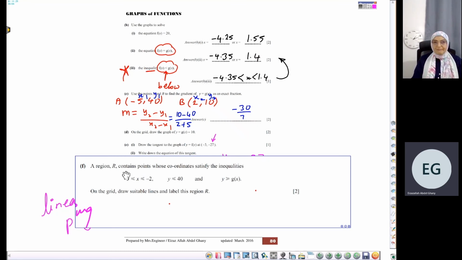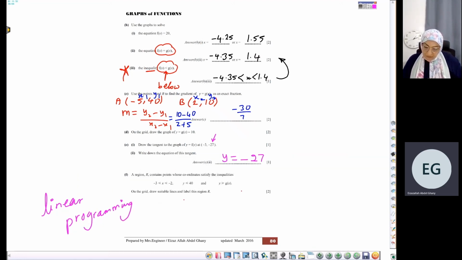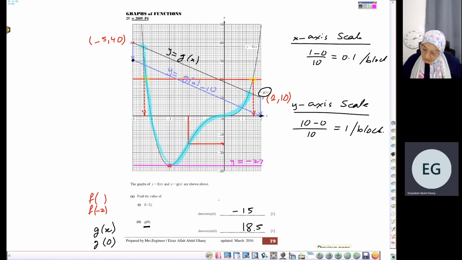A region R, he usually names it R. A region R contains points whose coordinates satisfy the inequalities. X is the set of all points that lies between negative 3 and negative 2. It should be two vertical lines at x equals negative 3 and x equals negative 2. Let's draw them. They are these two vertical lines.